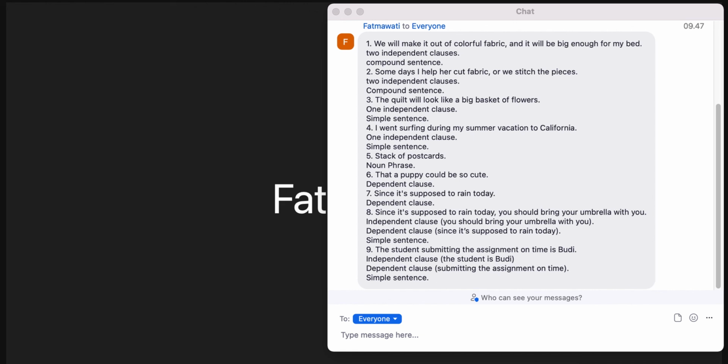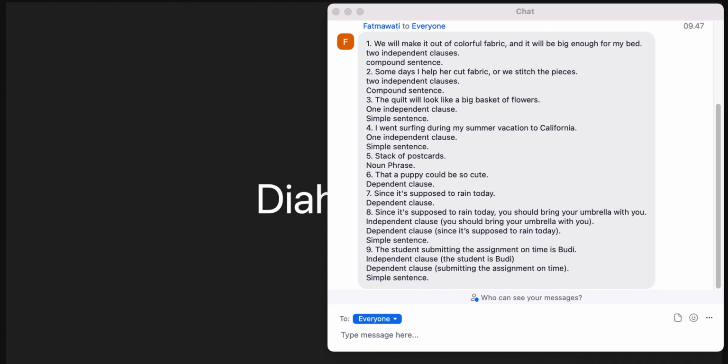Number 5 is noun phrase. Betul. Number 6 is dependent clause. Yes. Number 7, dependent clause. Number 8 is simple sentence, but with independent clause and dependent clause inside.